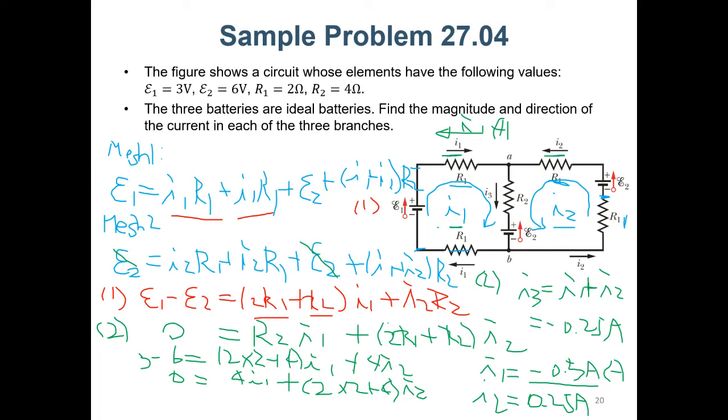So as long as it is positive, it should be going this way, and I2 is going this way. And for I3, it is negative, so I3 is going upward, when we consider the polarity, the sign of the answer.